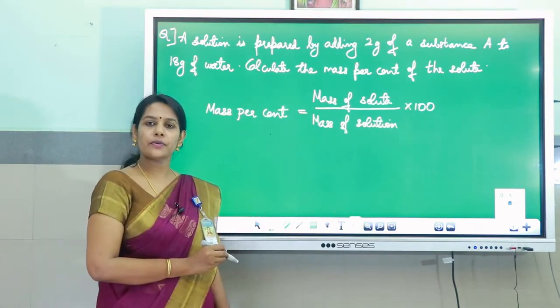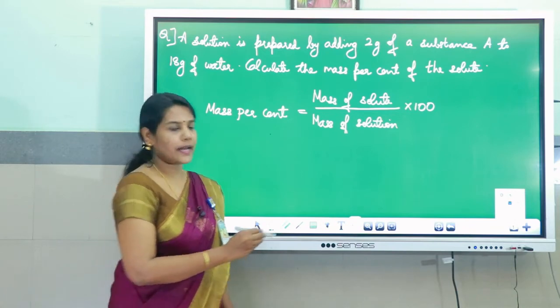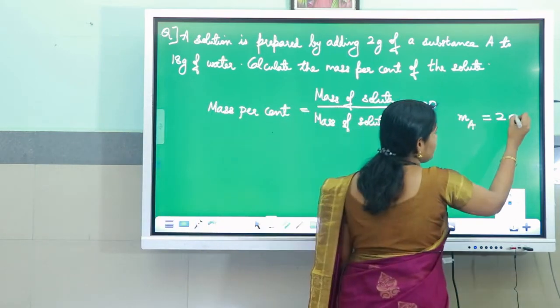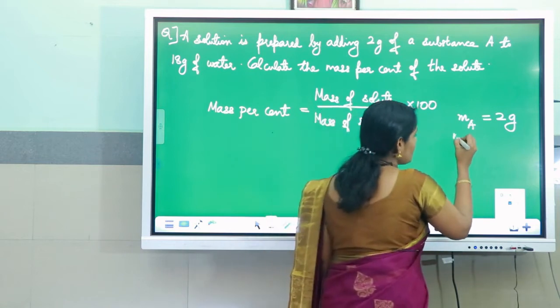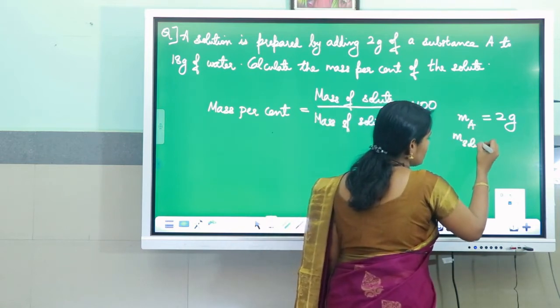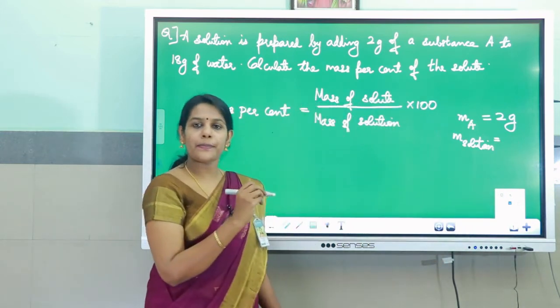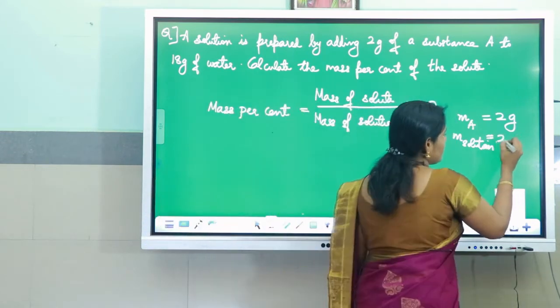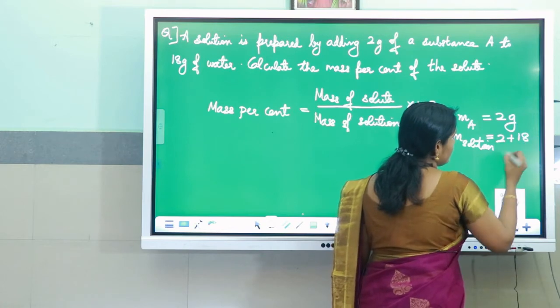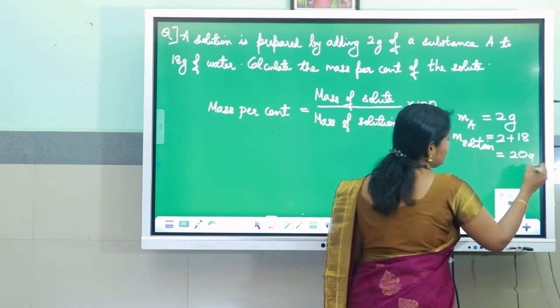Here the mass of solute, that is A, is 2 gram and mass of solution is equal to 2 gram plus 18, that is equal to 20 gram.